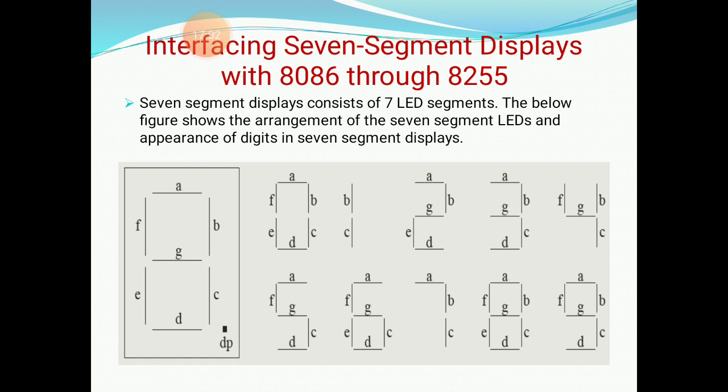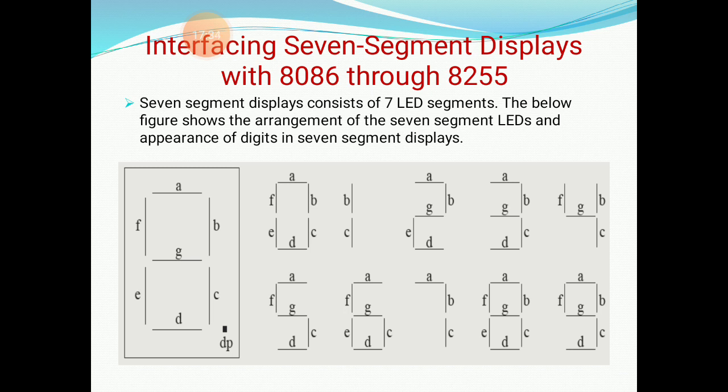The 7 segment display device consists of 7 light emitting diodes, LEDs. With these 7 segment displays, we want to display the BCD numbers 0 to 9. According to the pattern of that BCD number, the corresponding segments will glow to display the corresponding BCD number, that is 0 to 9.